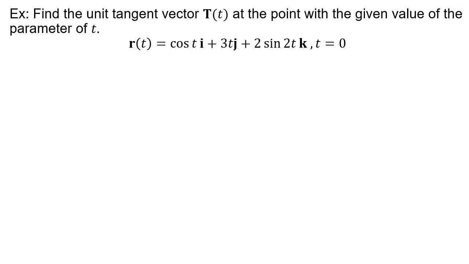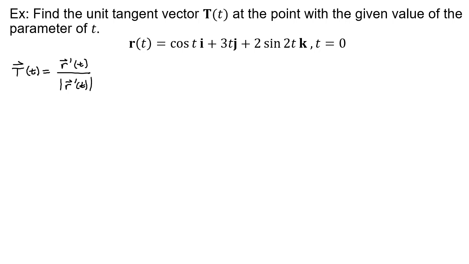Okay, this one says find the unit tangent vector at the point where the given value of the parameter t, here in this case t equals 0. Remember that your unit tangent vector is the derivative of your vector that you're given divided by the magnitude of that vector derivative.